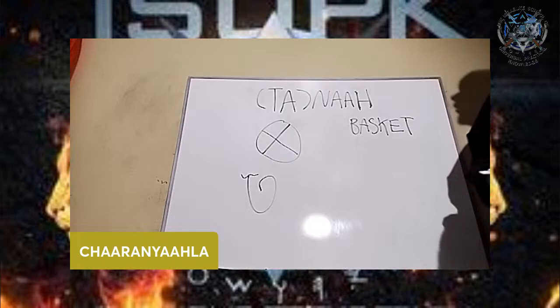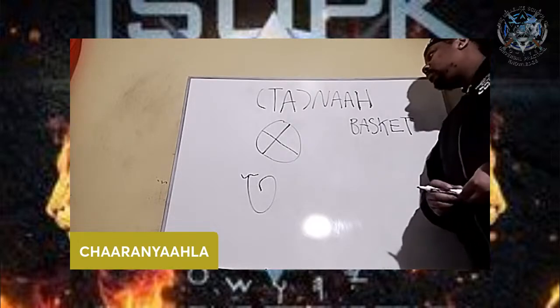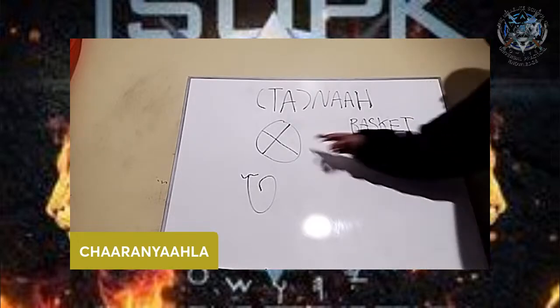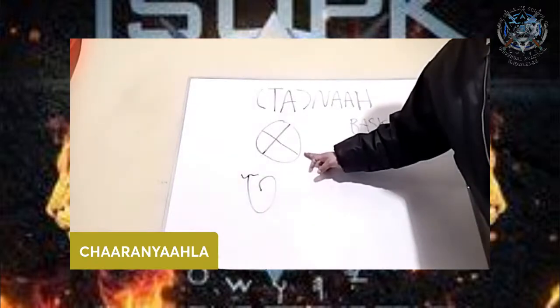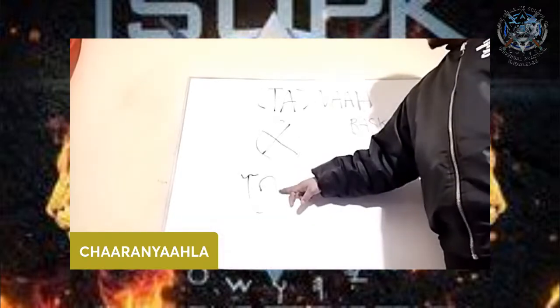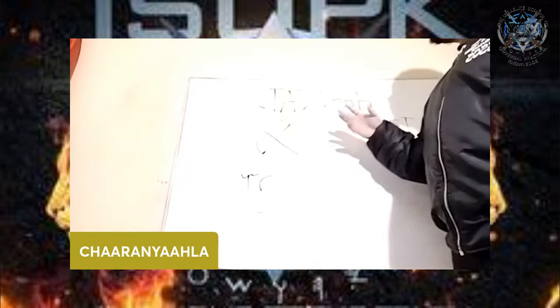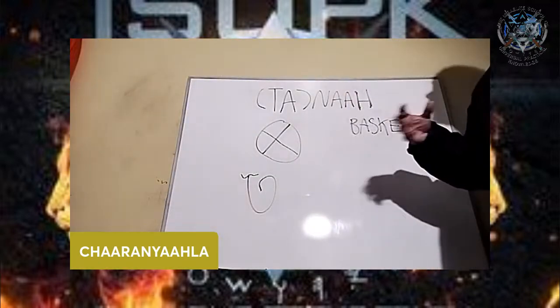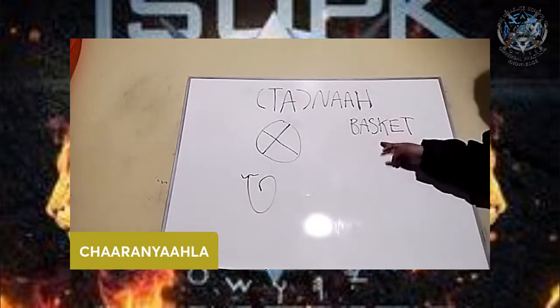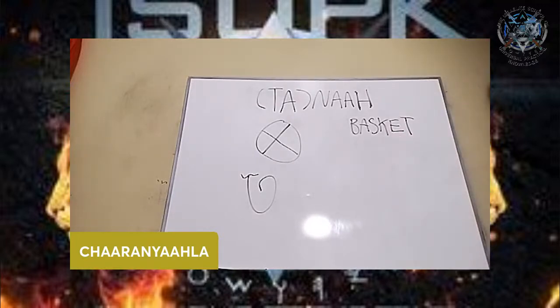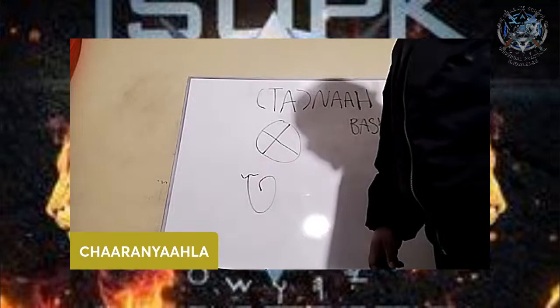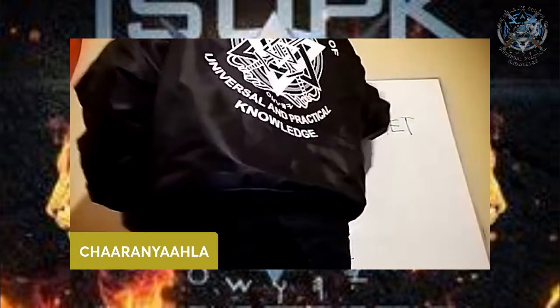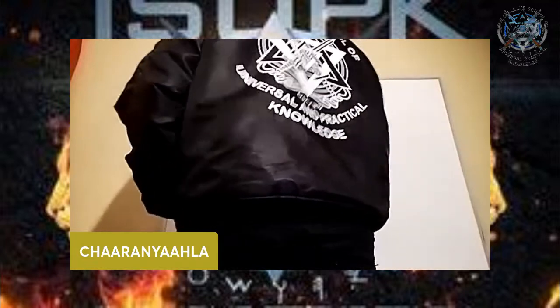It's the same thing. Tana'ah, you understand? Ancient character for Ta, Syrian character for Ta, which is short for Tana'ah, which means basket. All right. Like I said, Salaki, this is gonna be a short one, a very brief one.